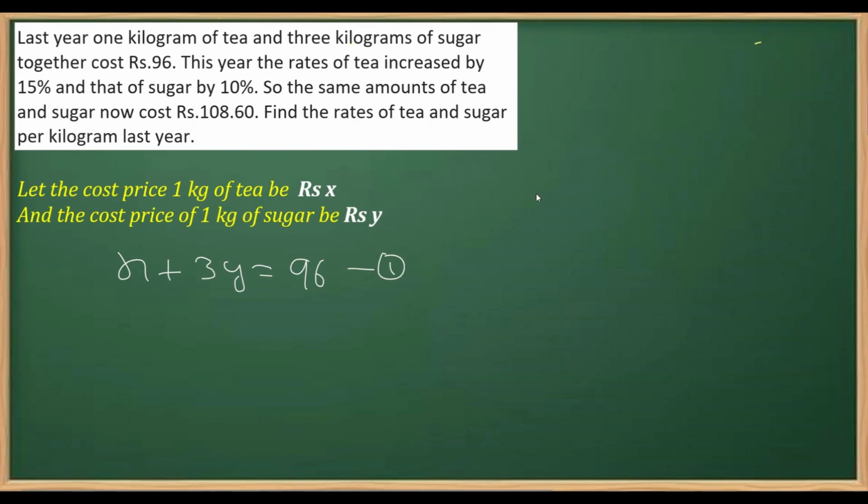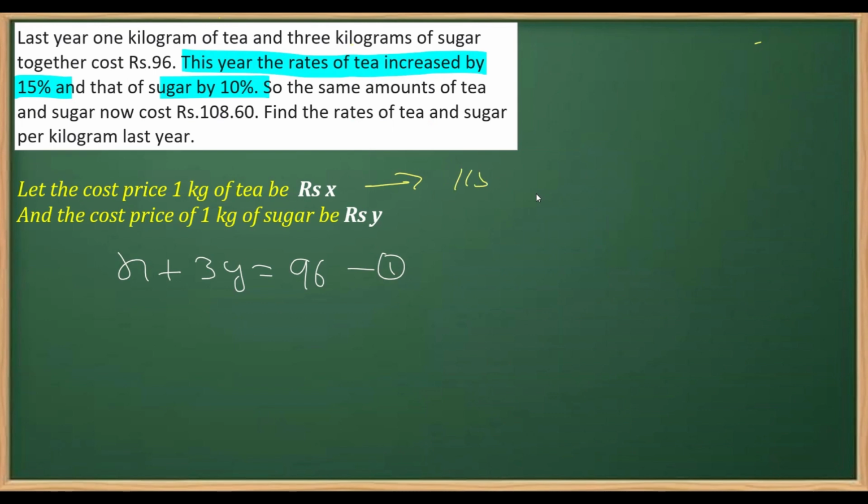Now, in the next part, you see that the rates are now increased. This year the rate of tea is increased by 15% and by 10% on sugar. So what you can see is that the new price for the tea is going to be what? The new price I'm talking about is 15% more.